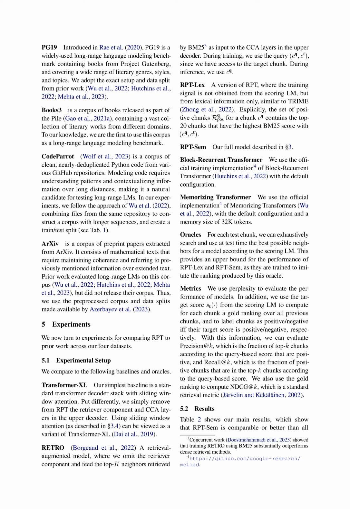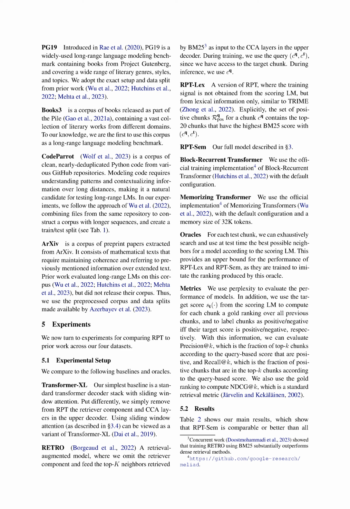Section 5.2 Results. The findings in Section 5.2 of our paper reveal that our model, RPT-Sem, consistently performs at least as well as, if not better than, all other baseline models across various datasets. We've noticed that utilizing a fixed retriever such as Retro significantly improves performance when compared to the Transformer XL.